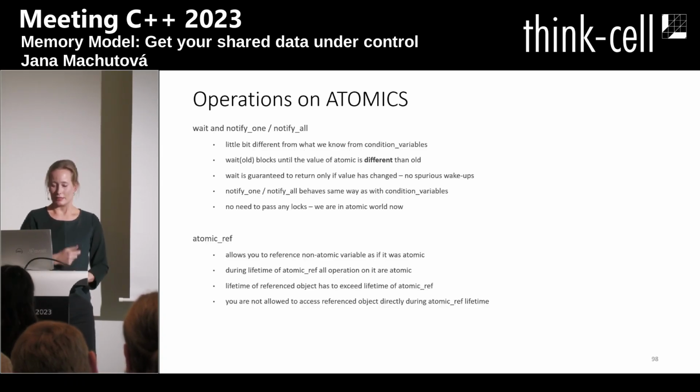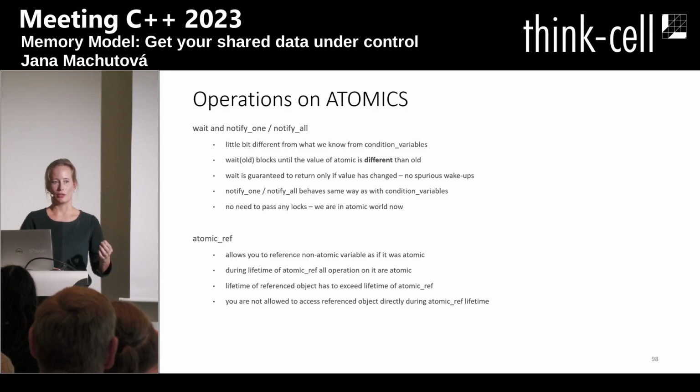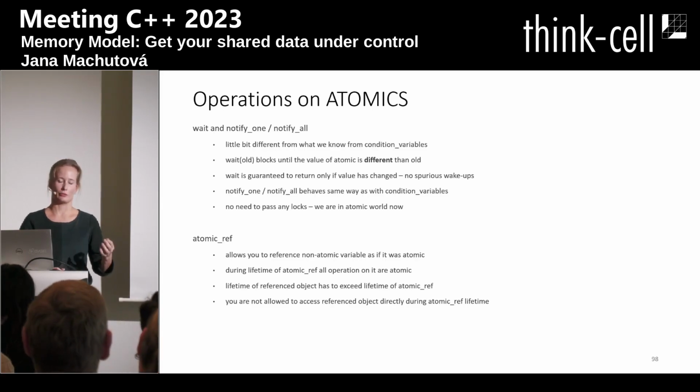Another important one is atomic ref, which is really strong because you may have a plain variable, and you want to manipulate it atomically. So you may make an atomic ref out of it, and then you can access the plain variable as if it was atomic.